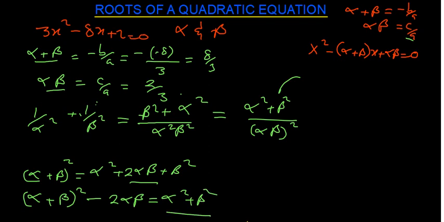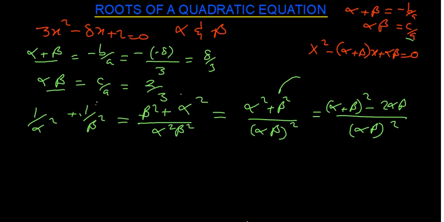So whenever we factorize alpha squared plus beta squared, we are supposed to get alpha plus beta squared minus 2 alpha beta, like that. And then we have down over alpha beta, which is also squared. We know the value of alpha plus beta because we found that it was 8 over 3, and then we are squaring that.